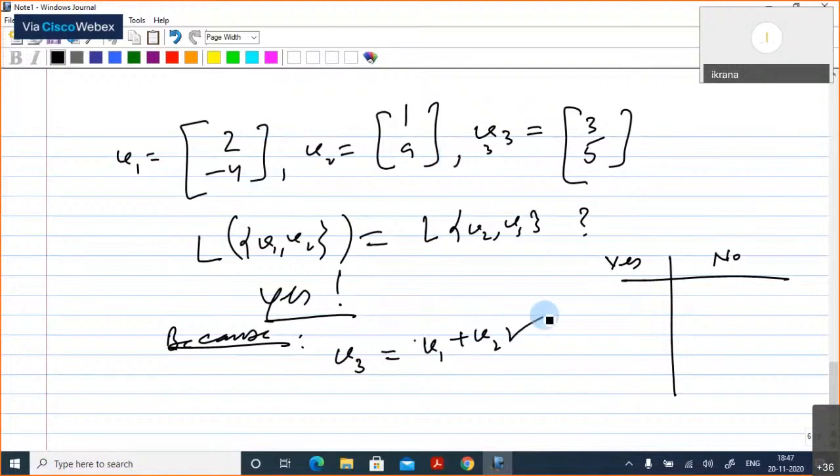Great. And also V1 can be written as V3 minus V2, where alpha 1 is 1 and alpha 2 is minus 1. Okay, good. Thank you, Vijay, it's a good explanation.